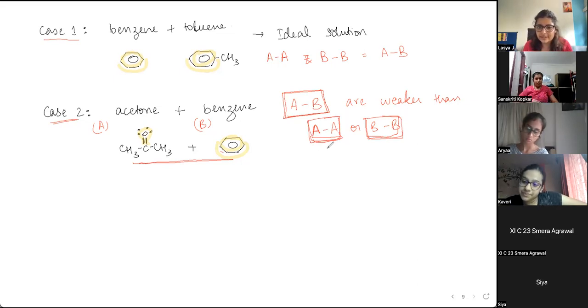But if it is different, like अगर attraction ज़्यादा है या फिर repulsion ज़्यादा है, then it's going to affect. That's what we are looking at here.